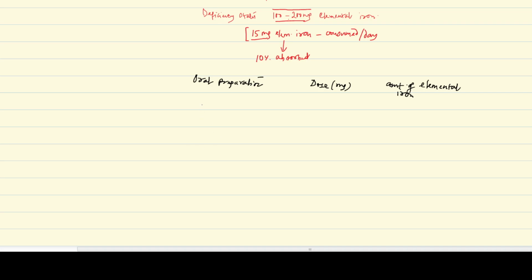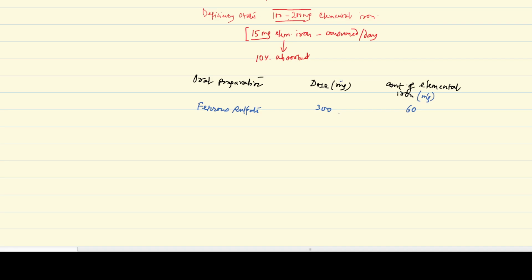And let's fill up the preparations. Let's begin with ferrous sulfate. For a 300 milligram preparation, you get approximately 60 milligrams of elemental iron.